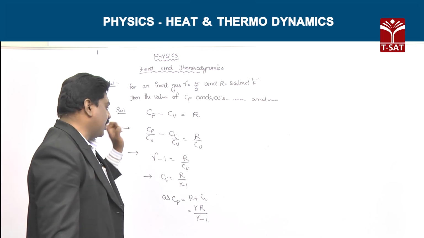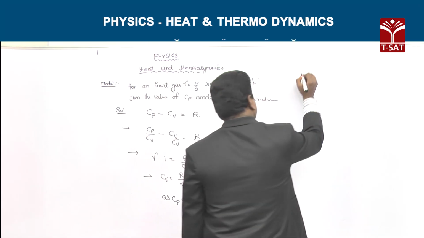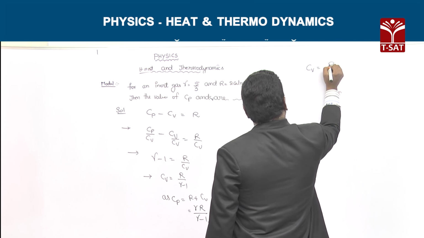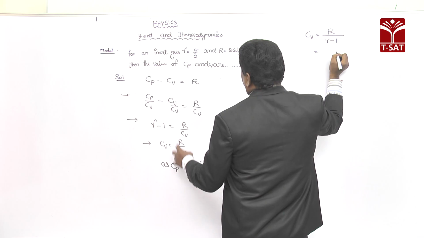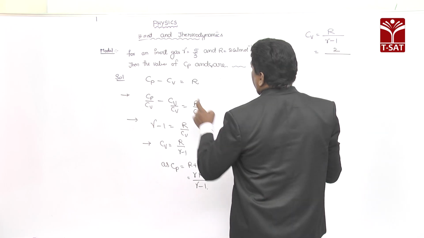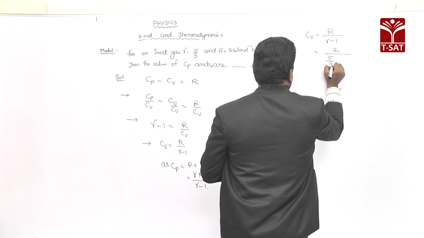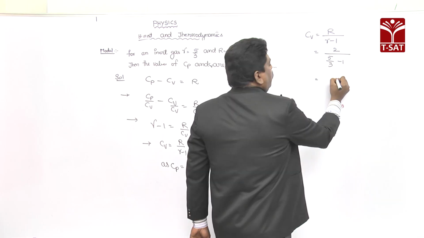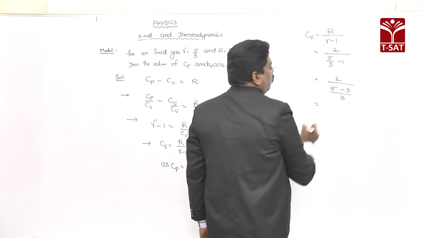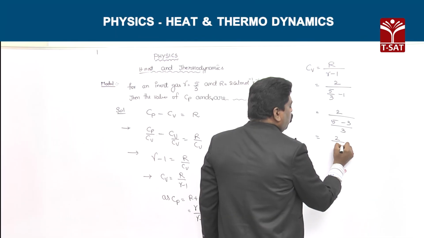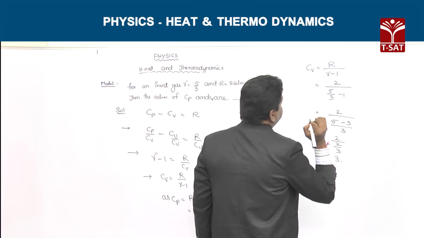Now, substitute the values in this. What we get is Cv equals R by gamma minus 1. R is given as 2, gamma is 5 by 3 minus 1. What we get is 2 by 5 minus 3 by 3, and we get it as 2 by 2 by 3, which is nothing but 3.